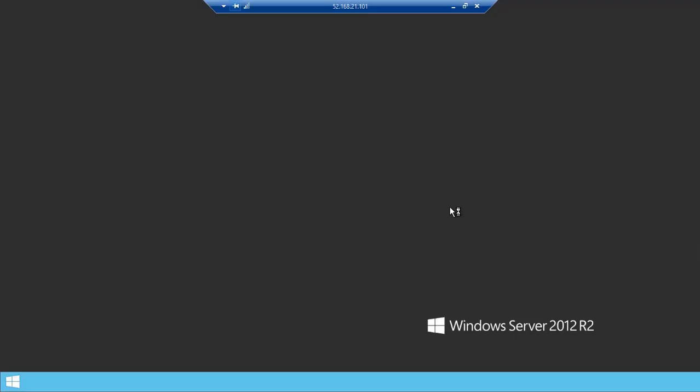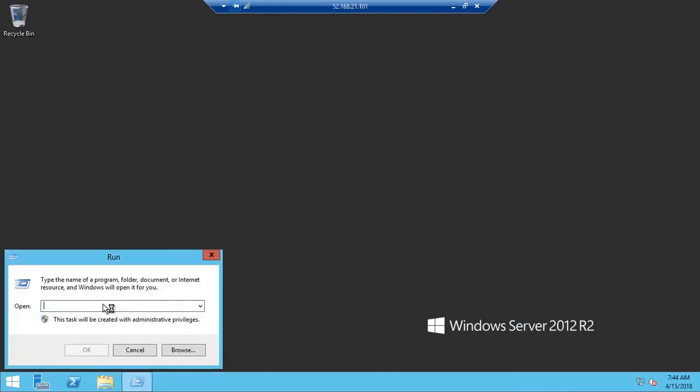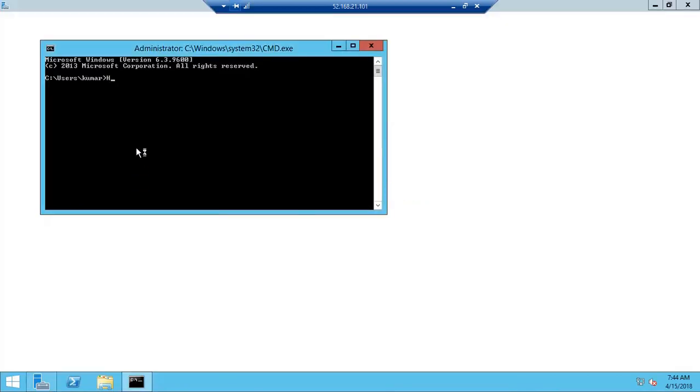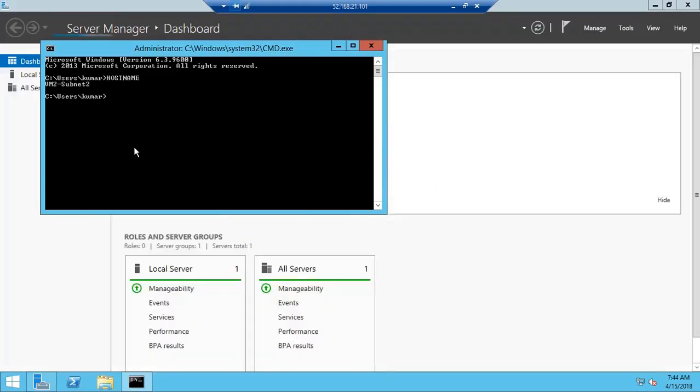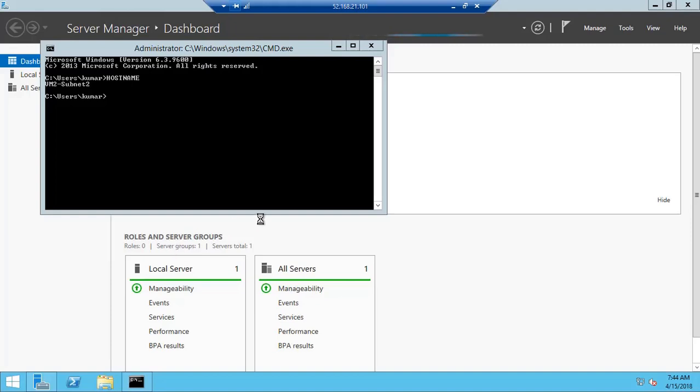And finally, I'll show you the internet should be blocked at subnet 2 VM level. Before going to this, let me show you the host name to avoid any confusion. VM2 subnet 2, and finally internet.